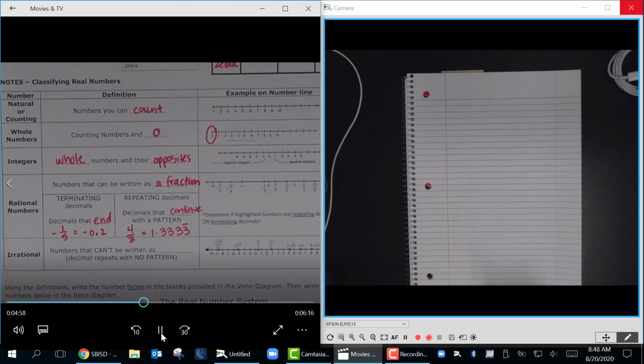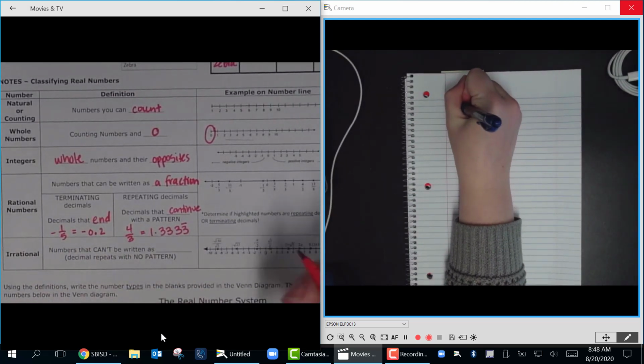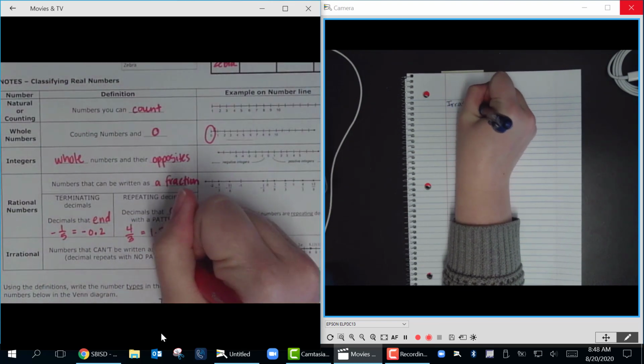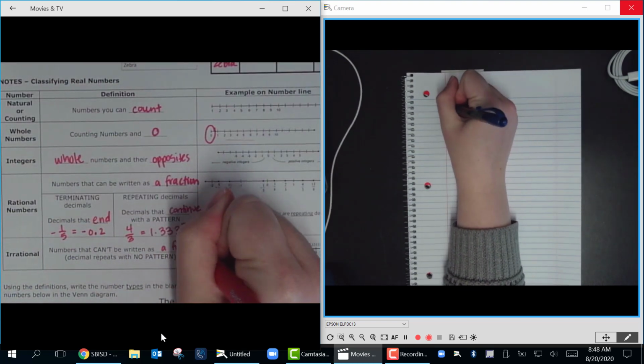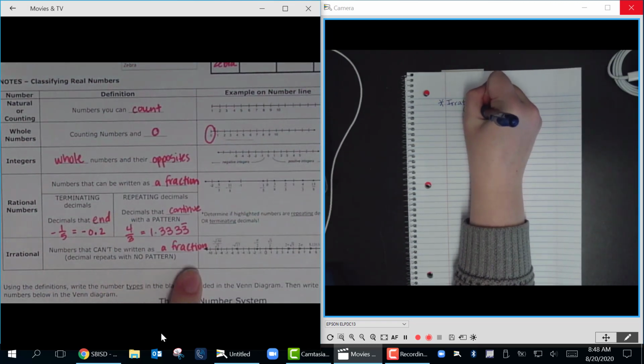But what's new in 8th grade is the irrational numbers. Those are numbers that can't be written as a fraction. The decimal repeats with no pattern.